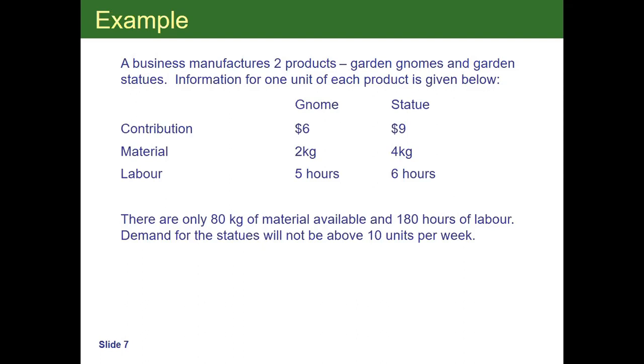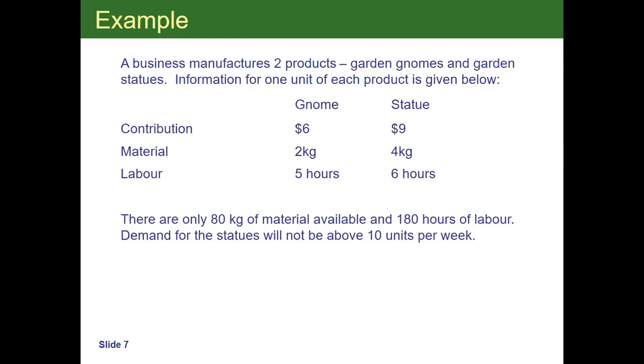So in this question, you have three limiting factors, three constraints, I call it. One constraint is about the quantity of material. You have only 80 kilogram. And the other constraint is about labor hours, which is 180 hours. And it says that demand for the statues will not be above 10 units per week. So this is your third constraint.